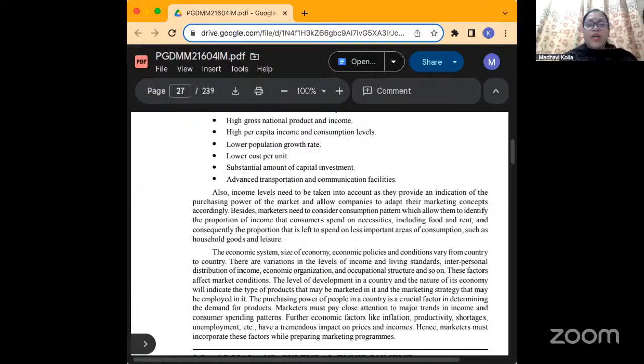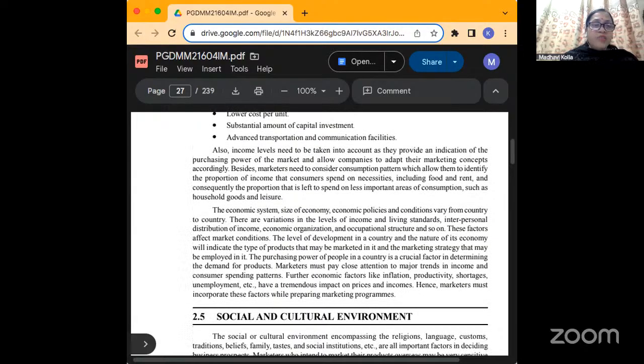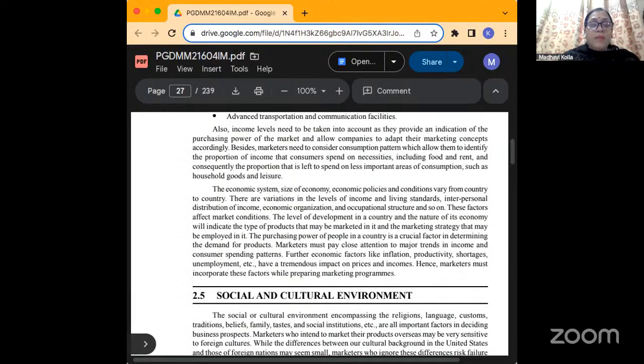And of course, we are talking in terms of advanced transportation and communication facilities, because today, unless we have a well connected digital world, and the transportation from one end of the country to the other end is seamless, and not only within the country but from one country to the next host country is seamless, only then will businesses invest and grow, and the benefit will filter down to the actual people residing in that area, as well as the nation at large.